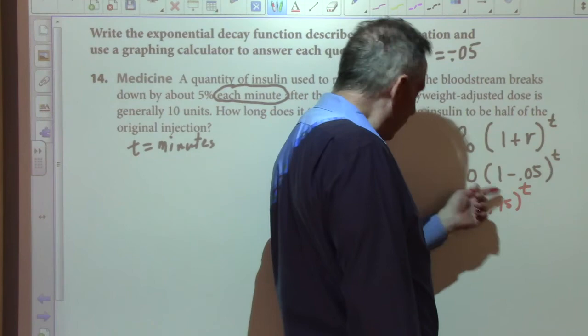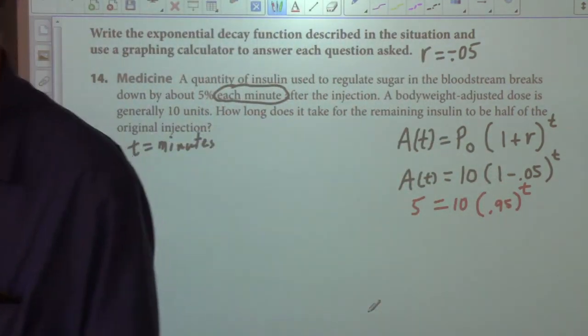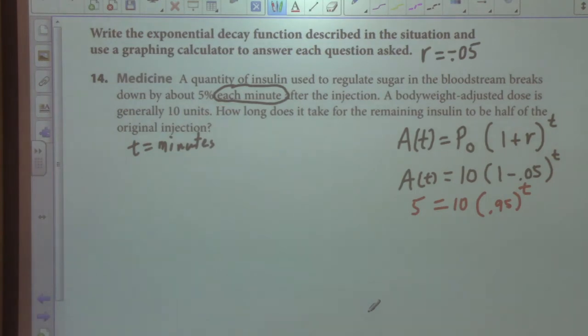You can't distribute that 10 in there because of that. So somebody said divide by 10, okay, let's do that. We divide by 10 and we get 1/2 equals 0.95 to the power of t. What next?